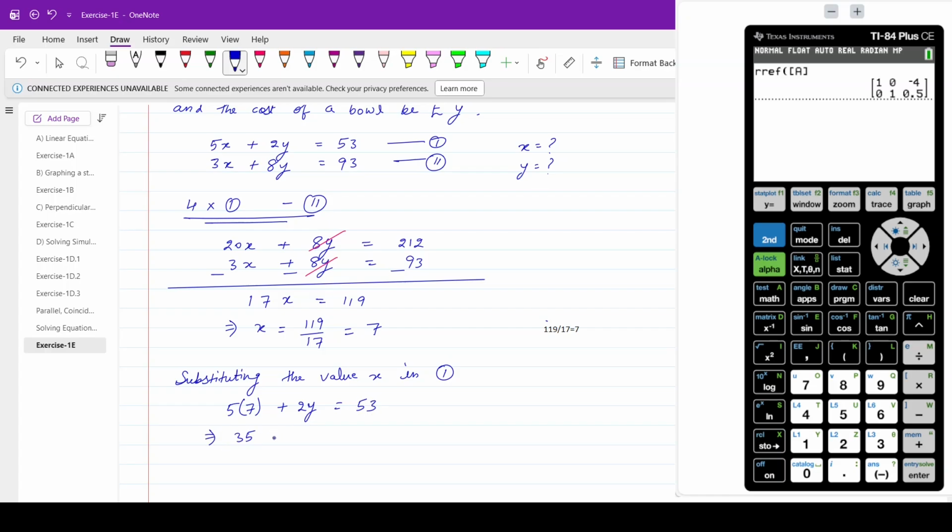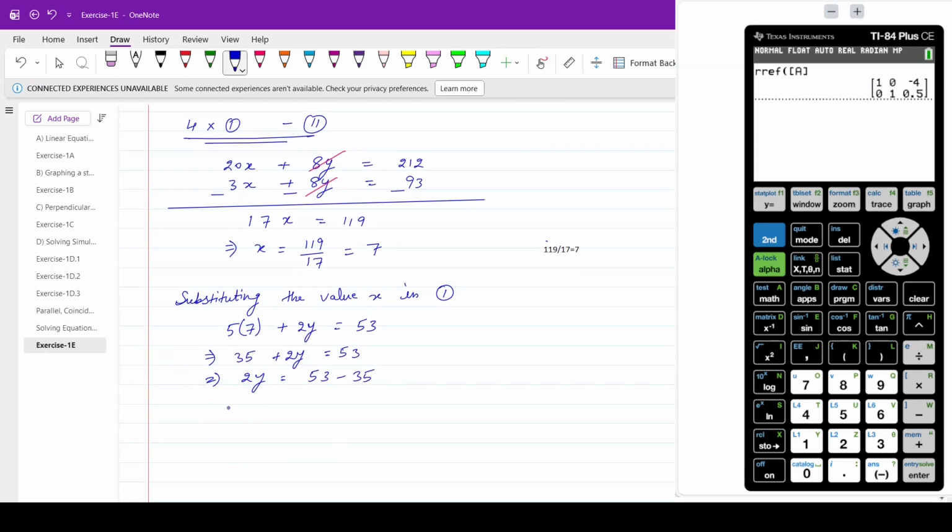So 35 plus 2y is equal to 53. 2y is equal to 53 minus 35. 2y is equal to 18, and y is equal to 18 divided by 2. That will be 9.